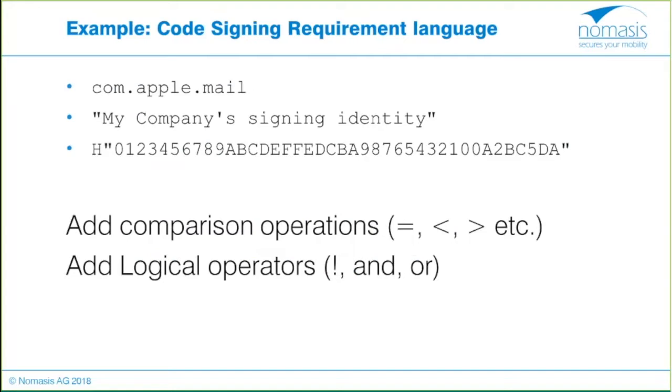You could also use your own certificate information of the applications that you have developed for macOS, or you could also use one application hash. And then you can combine all the information with logical and comparison operators so that you can define your own security rules that must be applied on the macOS device.